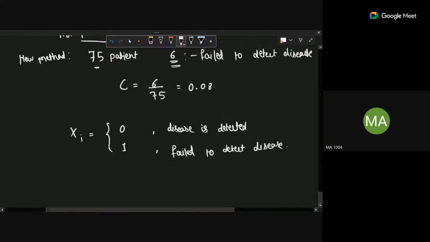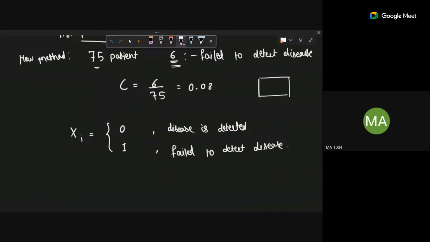Okay, so let me not change the context. There are 75 patients. Out of these 75, when you checked with the new screening, 6 members are actually diseased, but this new machine, the new method, failed to detect their disease and claimed these are not diseased people.